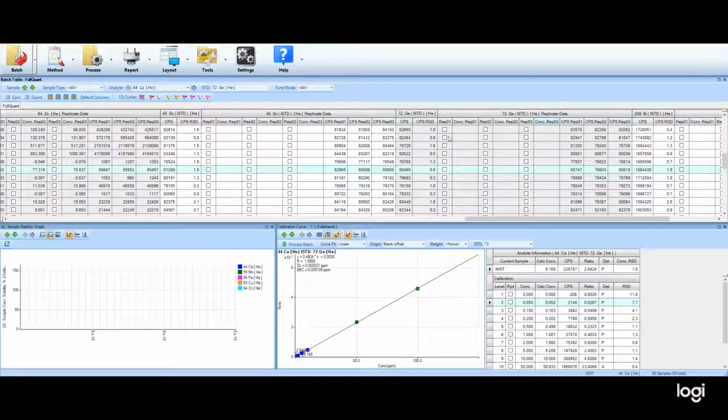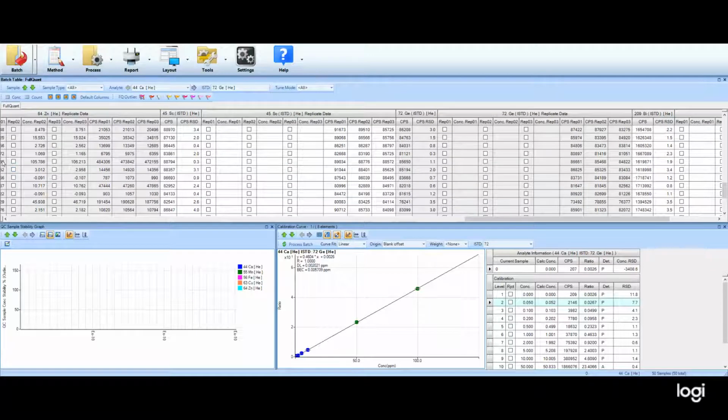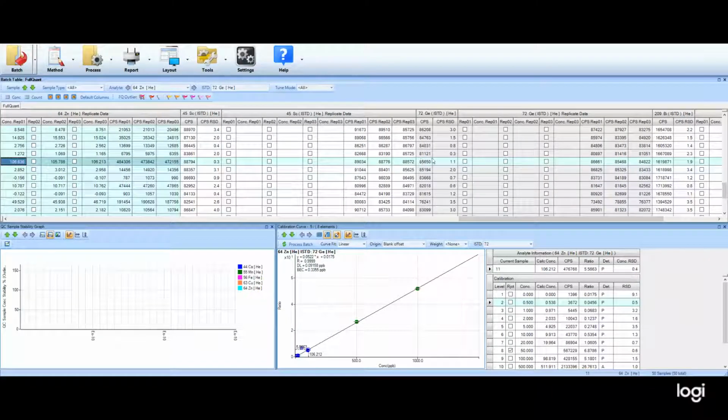Here's germanium in an actual sample, which had an average count per second of 85,650 with a relative standard deviation of 1.1%. The individual 3 data points that we collected were these 3.